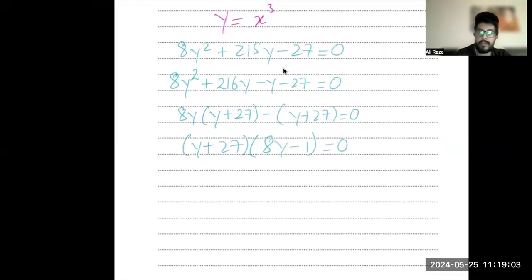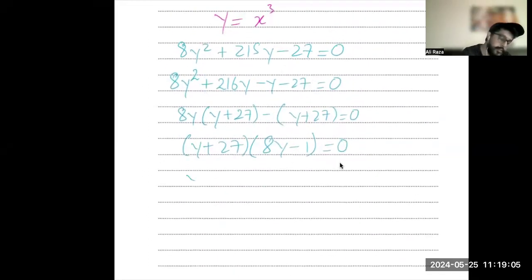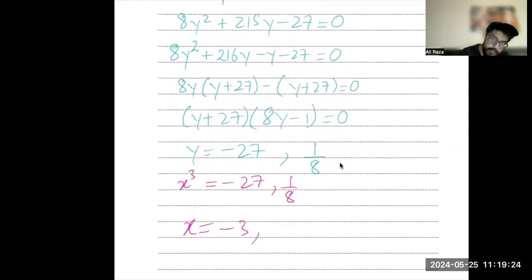Now, when we find the values for y, we'll get y is equal to minus 27 and y is equal to 1 over 8. We substitute x cubed back in place of y. So the values for x cubed are minus 27 and 1 over 8. The values for x should be minus 3 and 1 over 2.